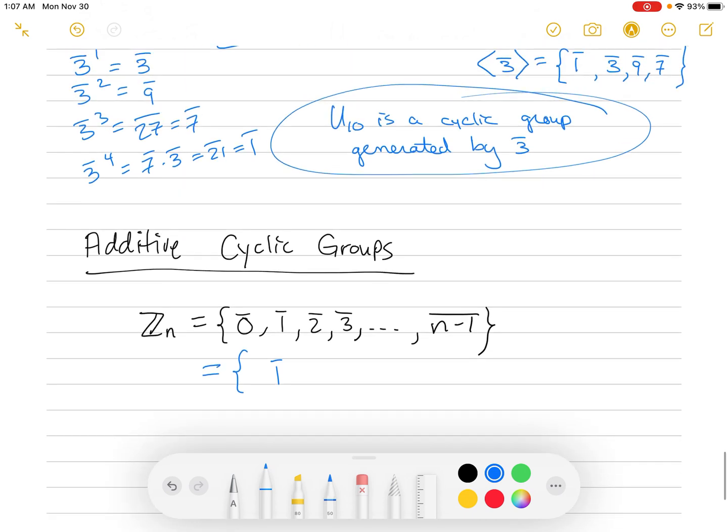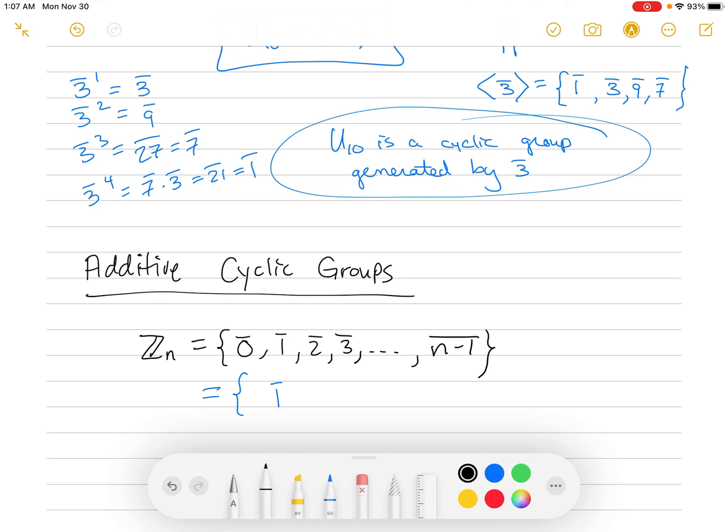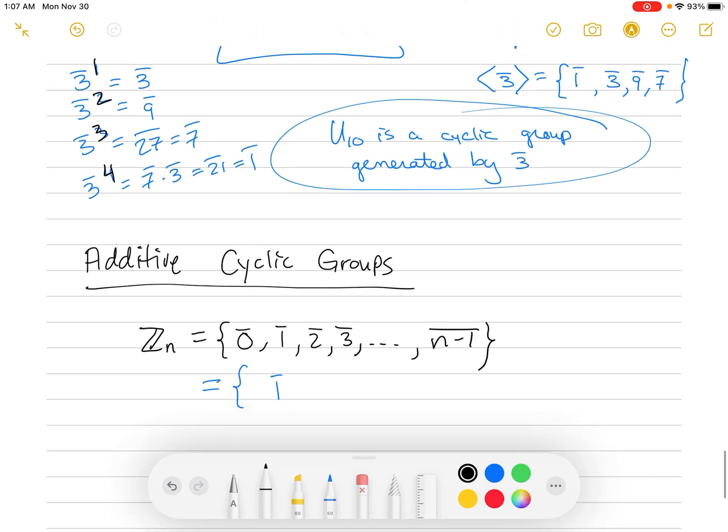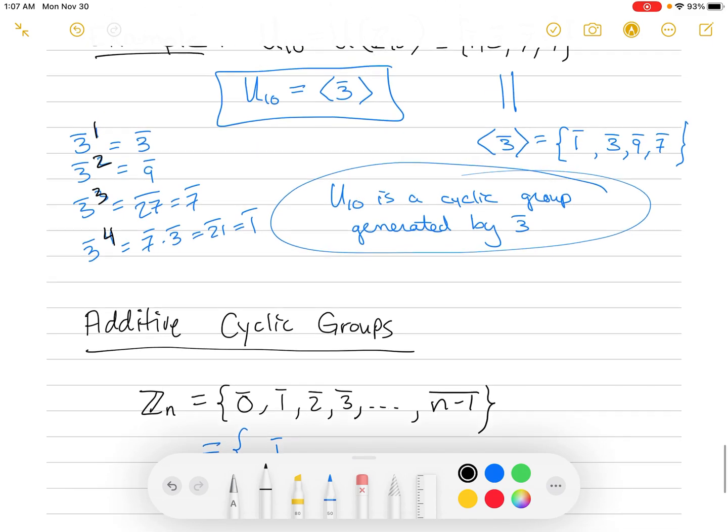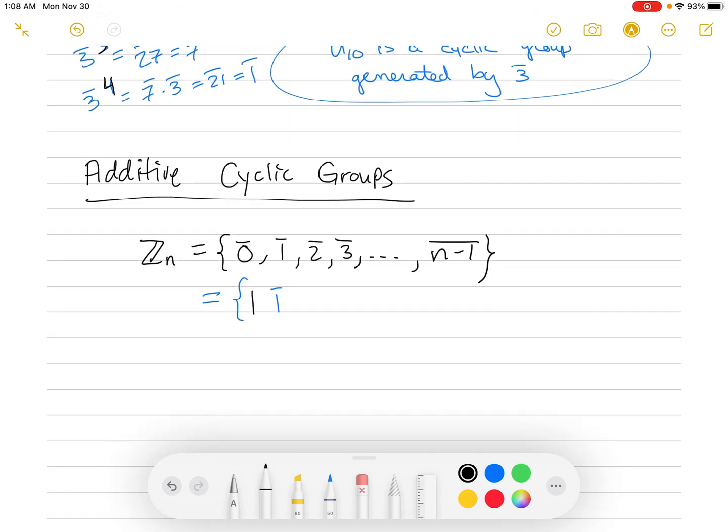Rather than using exponents, when you're doing additive, with multiplicative notation you use exponents. We had exponents of like 1, 2, 3, and 4. When you're doing additive notation, you put the number out in front. So you're going to have a k out in front, where k is an integer here.